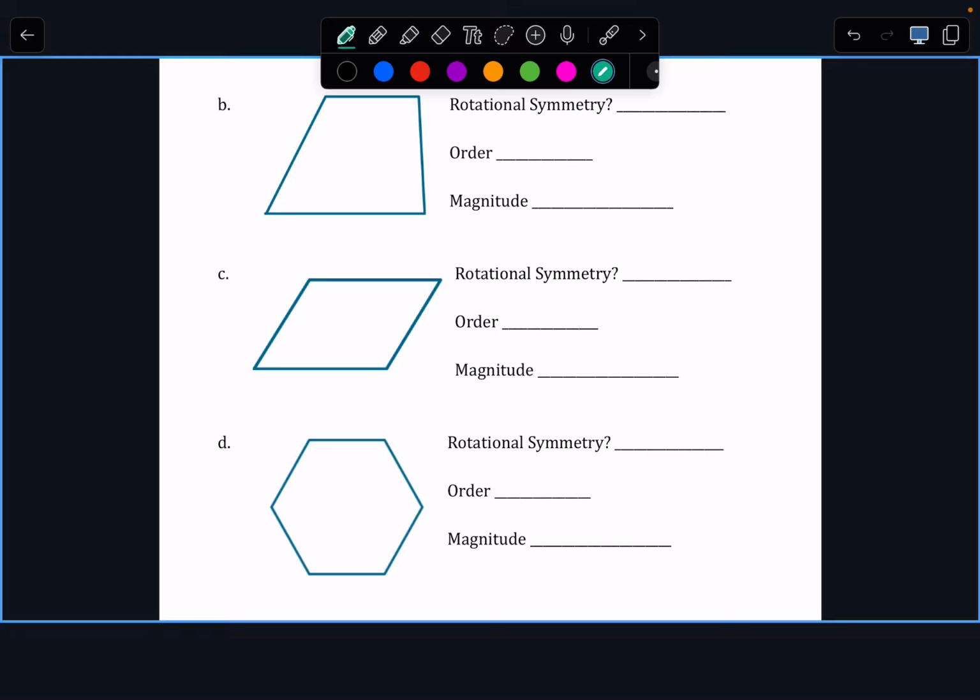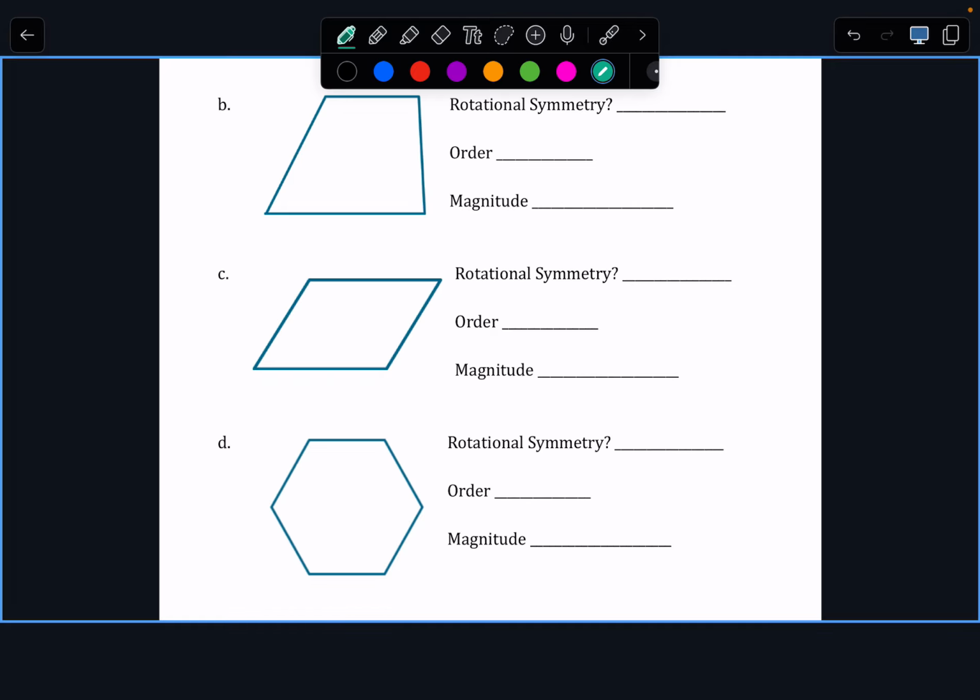So 2. Wait, yeah, 2. What does order mean? I forgot. Oh, how many times? Magnitude, oh, you can't. This is no. Magnitude 180. There is no order for that. Order is like how many times you can cut it and then flip it. But you can't flip this.